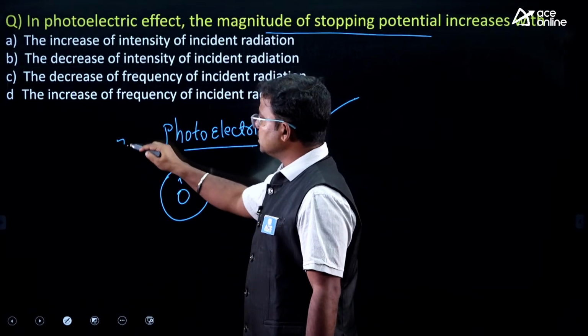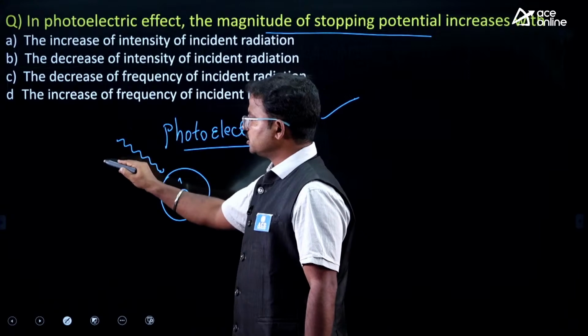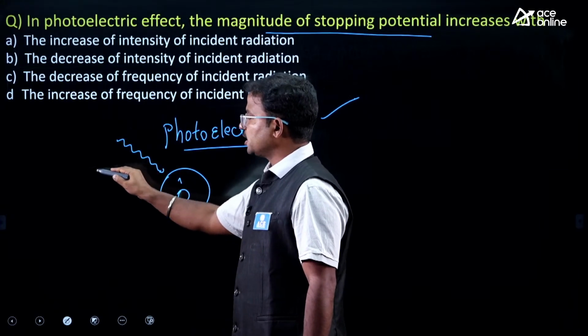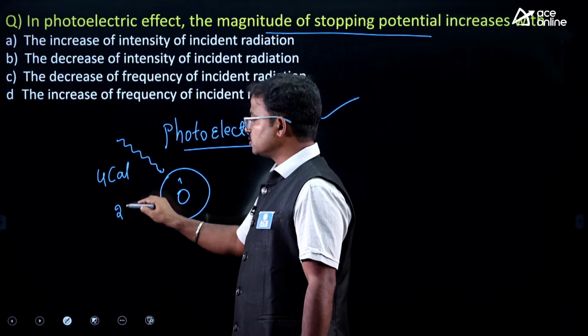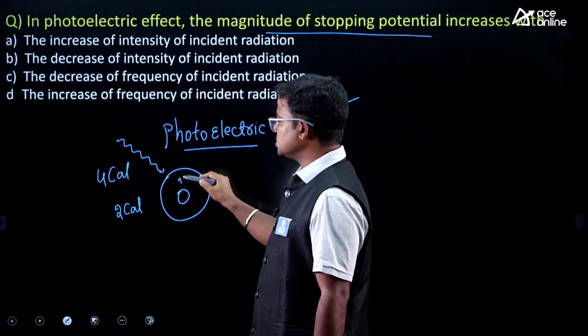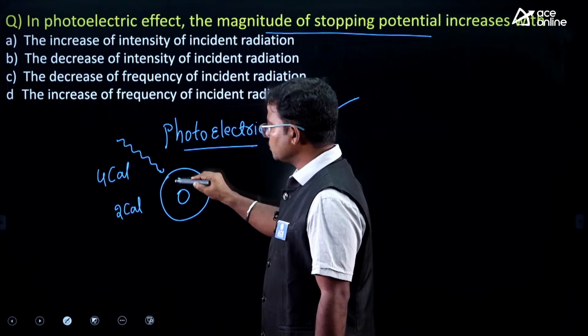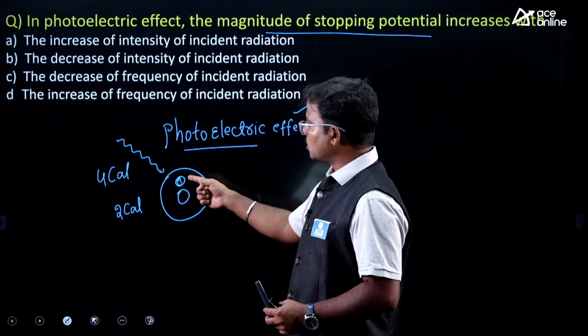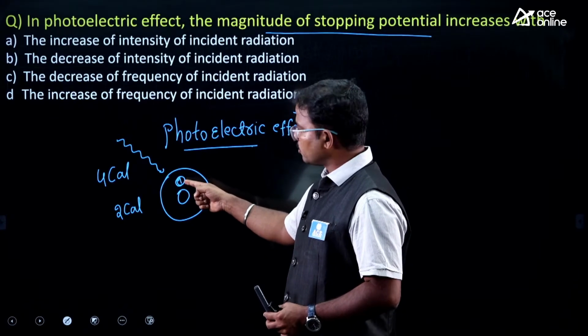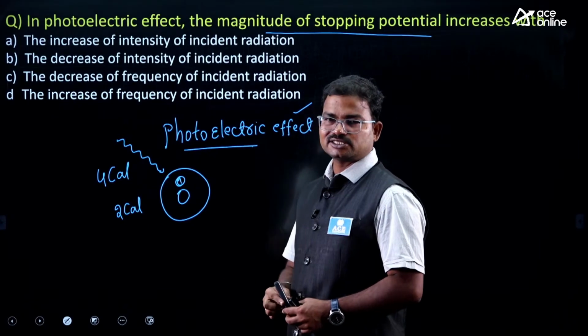When light is incident on it, let's consider the energy of this incident light to be 4 calories. Half of the energy, 2 calories, is required for the ground state electron to get ready to jump from the lower energy orbital to the higher energy orbital.